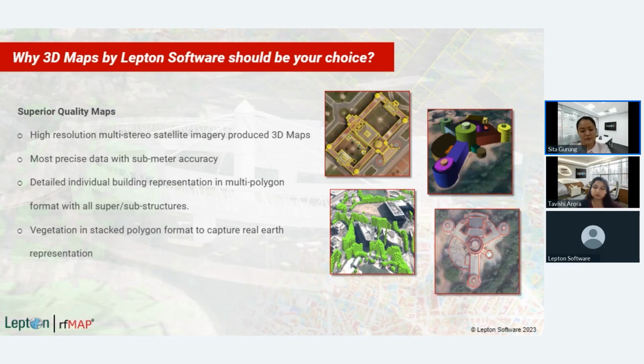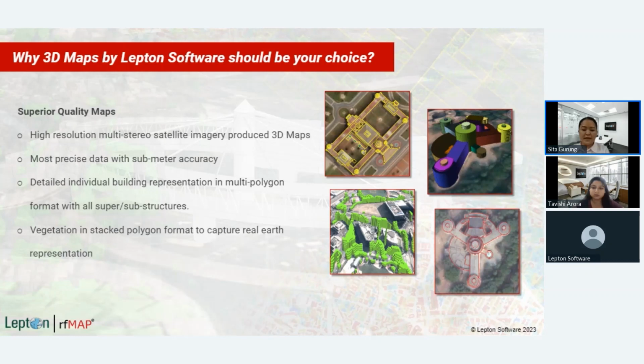It will have irregularities. It will have some sort of superstructure lying on the rooftop. We at Lepton try to capture each and every detail of these buildings, even the corner, even the staircase structures. We capture all this information in our building data set. That's the reason multiple polygons will be available for a single building in our dataset.